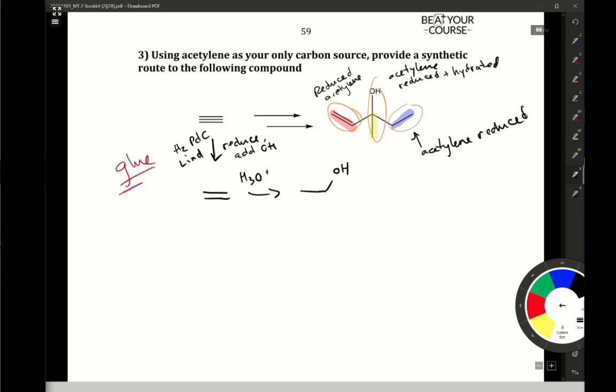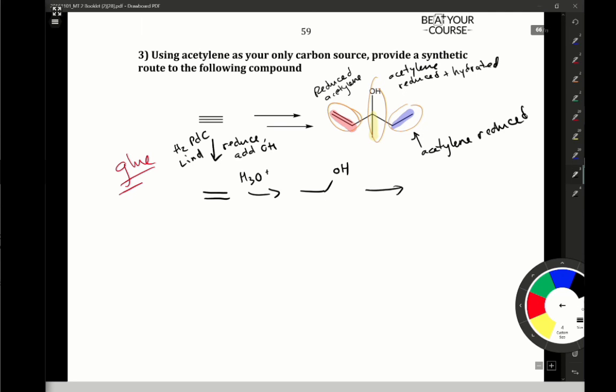And you might think, hey, I made the alcohol. All right, now I just got to jam a bunch of carbons on there. But this isn't a really good site for a nucleophile to attack. And that's important for these problems because you need to make it so that something can actually go in, some glue can actually adhere to that molecule.